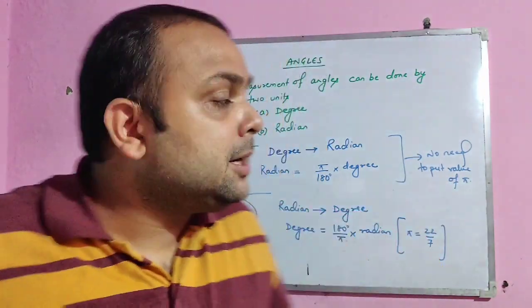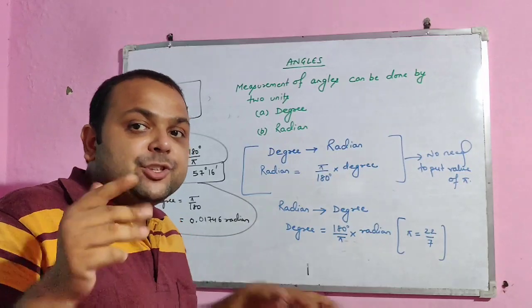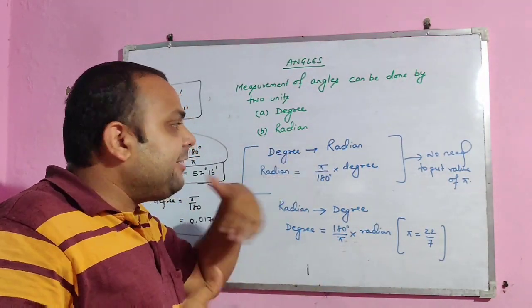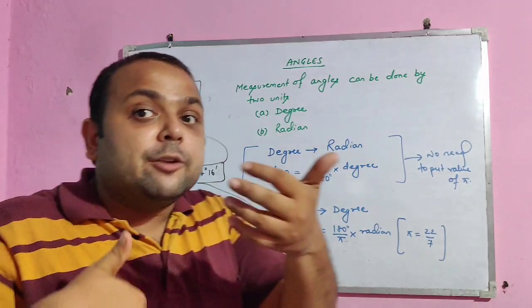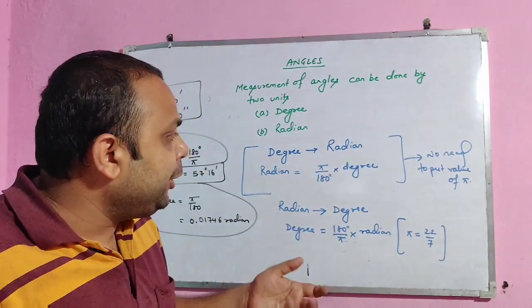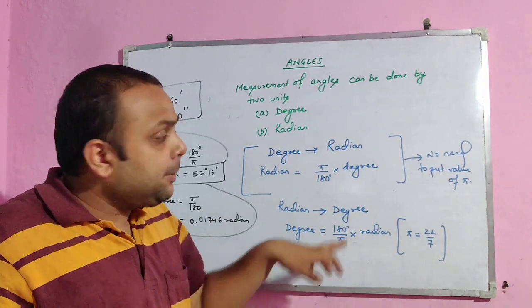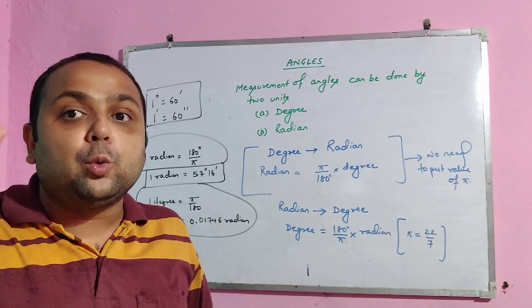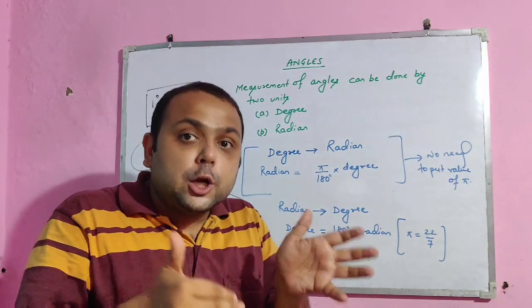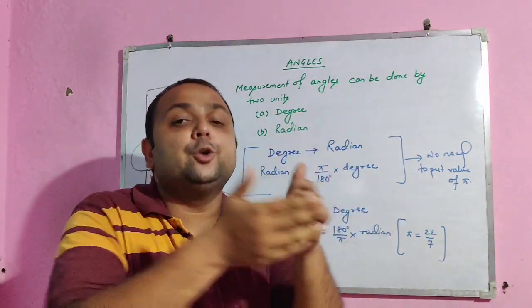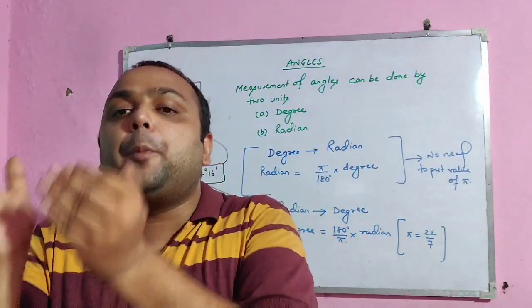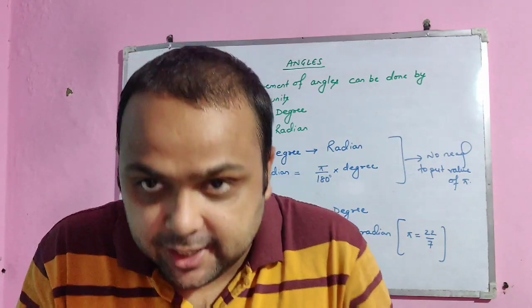So let's start. There are two types of unit which can measure angles, that is degree and radian. When we have the degree given, we need to convert it into radian. What should we do? We should multiply that degree value by pi upon 180 degree.